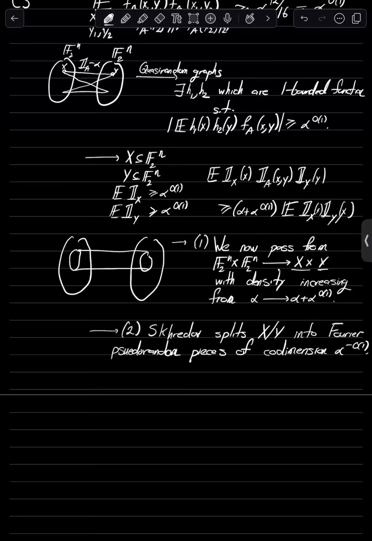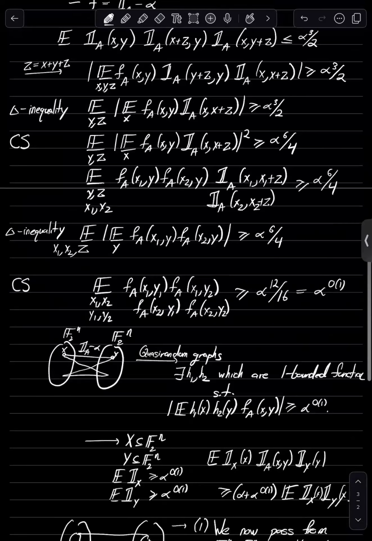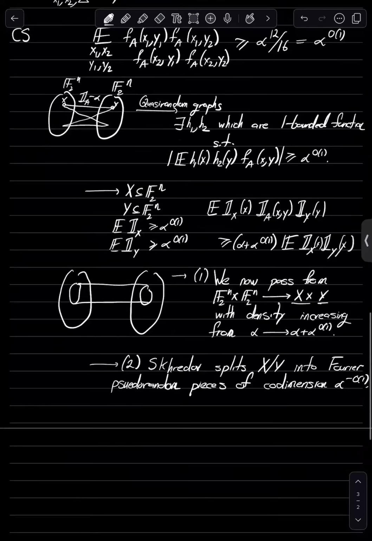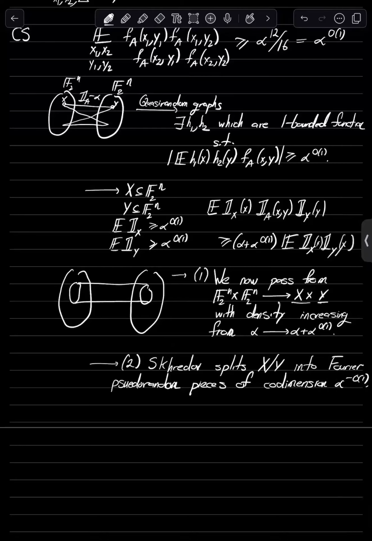Very roughly, you can split your set X into a bunch of pieces such that each piece doesn't have a large Fourier coefficient with respect to the subspace it lies in. Then you can split into these subspaces and pick where your set is large on one of the product sets. Because your host sets X and Y are Fourier pseudo-random, you can run this proof. I don't want to get into that. It's a technical matter, but once you have X and Y being Fourier pseudo-random, in some sense they look like the entire set, and that's enough to run the argument.